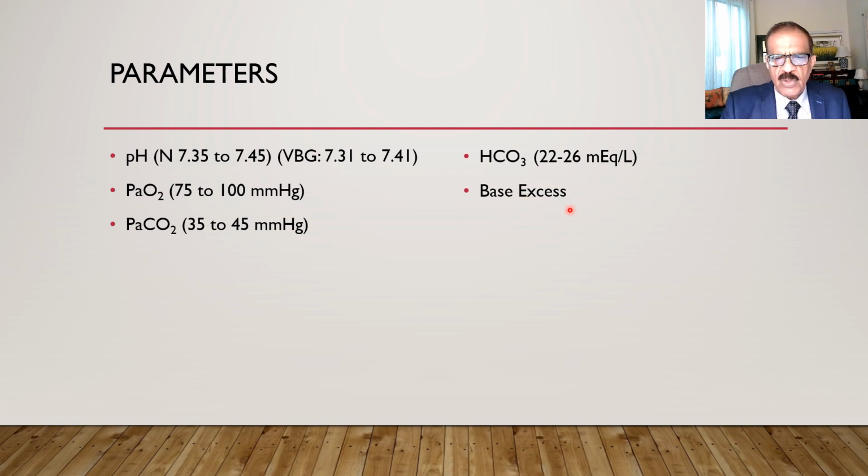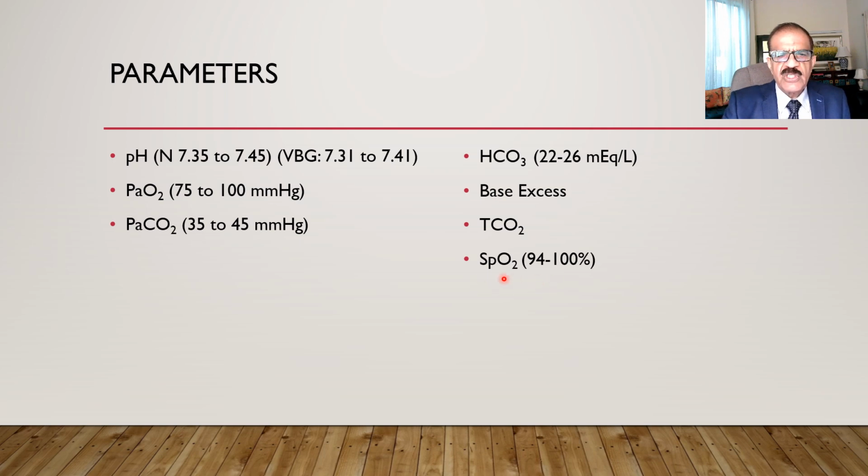Base excess is actually, I think, the conversion of this acid and base into this concept. Normally we have a certain level of base excess. If it is more than that, that would mean alkalosis, and if it is less than that, it would mean acidosis. TCO2 is actually total carbon dioxide, which is the same as total bicarb.